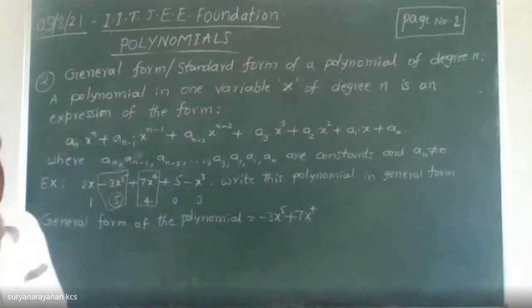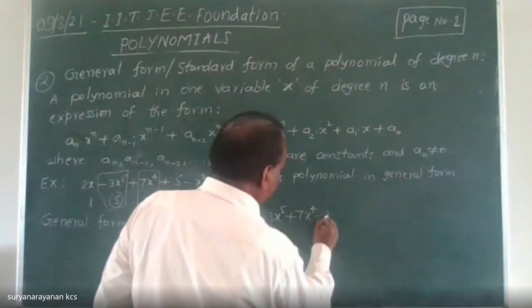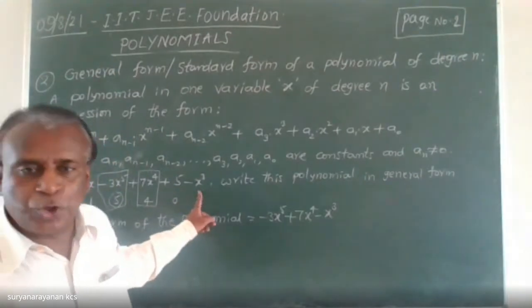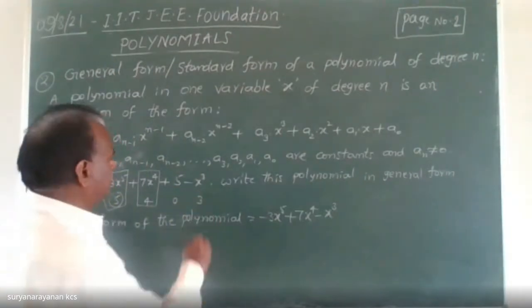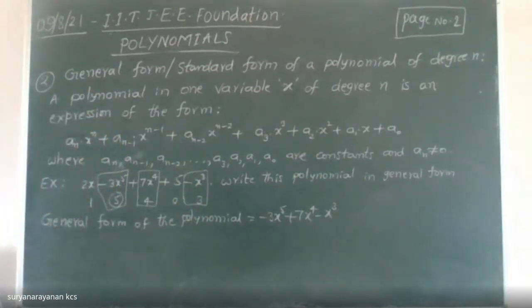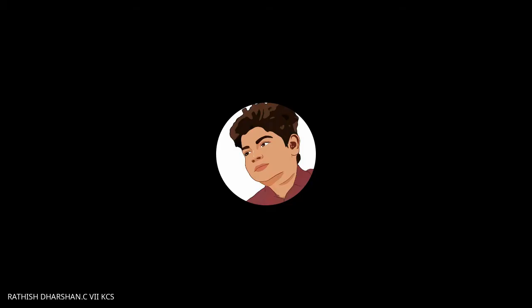What is the next highest number? 3. So what is the term? x cube, minus x cube. Don't say it as x3, say x cube. Next highest number? 1 and 0.